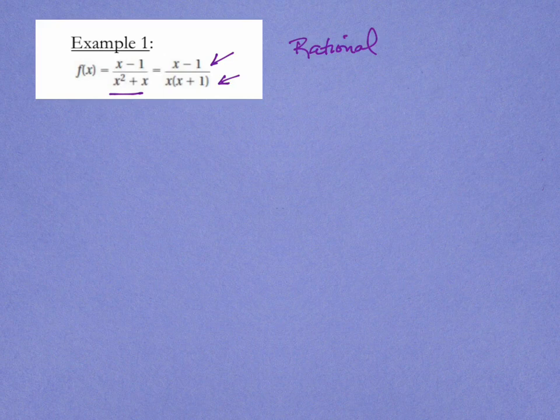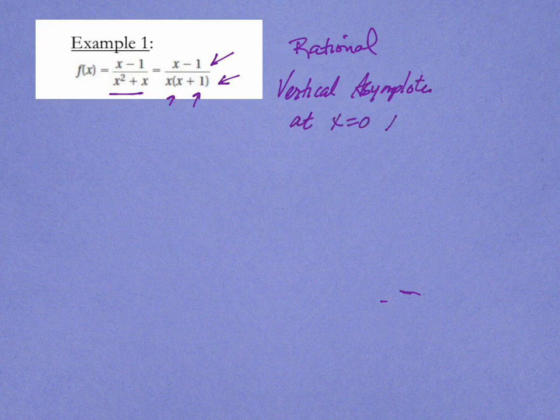First of all, it tells you that you have vertical asymptotes here at 0 and -1, wherever the denominator equals 0. So I have vertical asymptotes at x equals 0 and x equals -1.